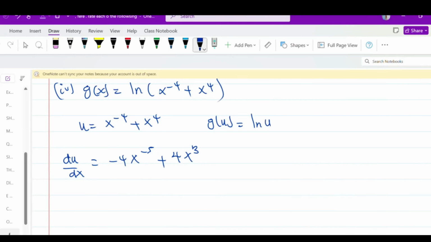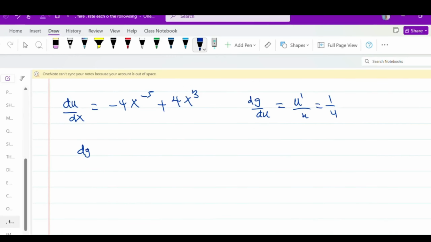Then we find dg/du, which is going to give us u prime over u, which is 1 over u. Now you're going to get dg/dx to be dg/du multiplying du/dx.